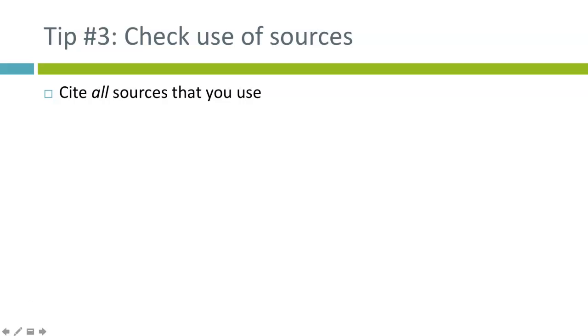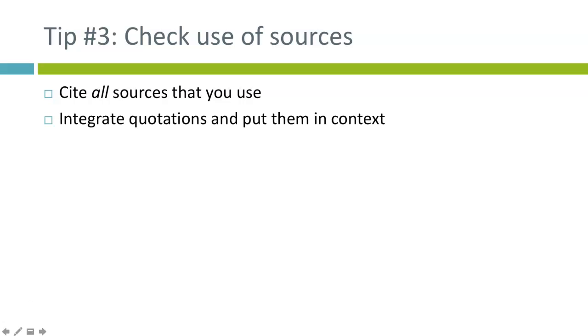First thing I want to say about this is you need to make sure that you have cited all of the sources that you have used. Second thing, now last week in the course, in the module and in our drop-in tutorial, we talked about how we integrate quotations instead of simply plopping them into what we're writing. And we talked about using signal phrases to introduce a quotation and to integrate it in what you're doing.